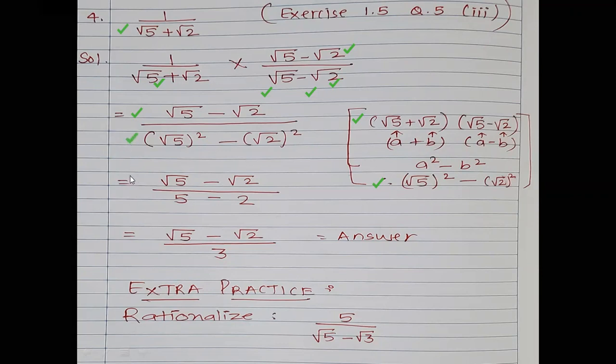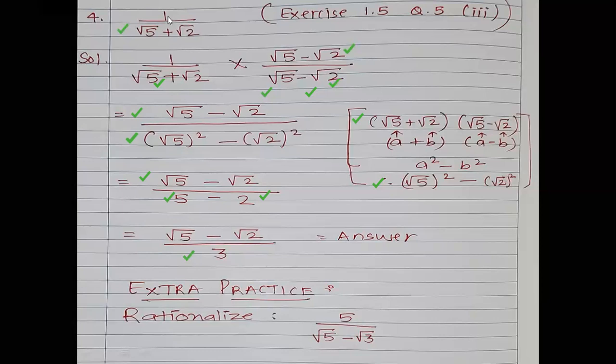Now, going to the next step, the numerator is written as it is. In the denominator, root 5 the whole square happens to be 5 minus, as it is, root 2 the whole square happens to be 2. So the numerator remains root 5 minus root 2, and 5 minus 2 when solved gives you 3.